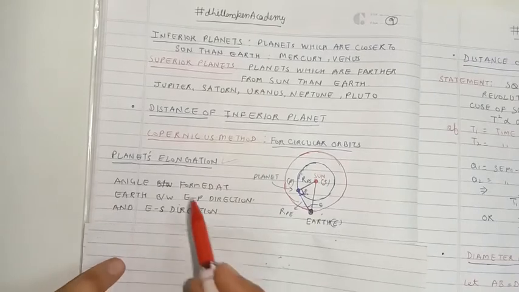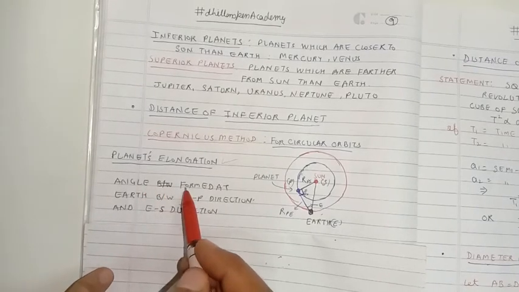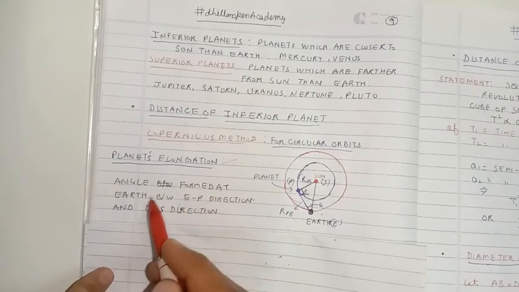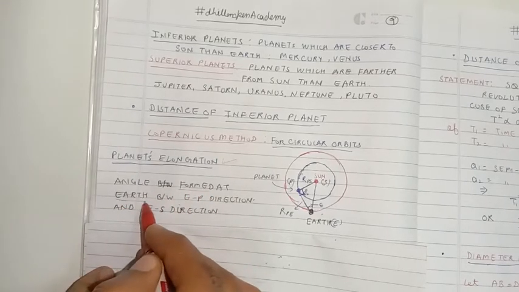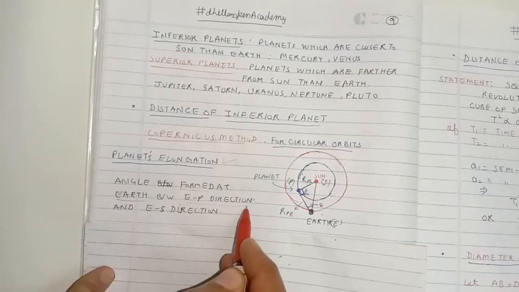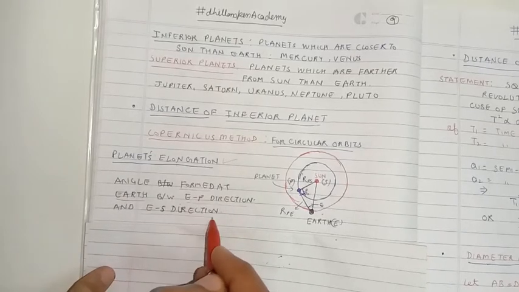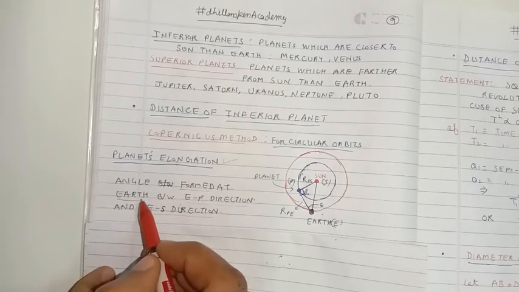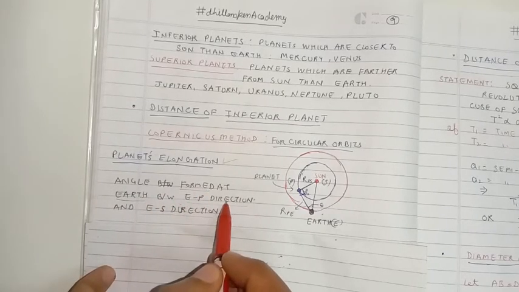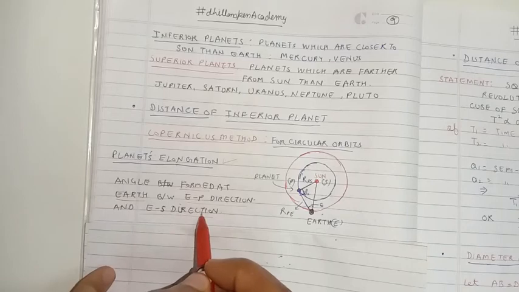Now what is the elongation? Elongation is the angle formed at the Earth between the Earth-planet direction and the Earth-Sun direction.